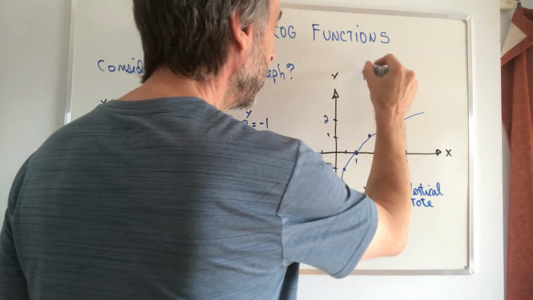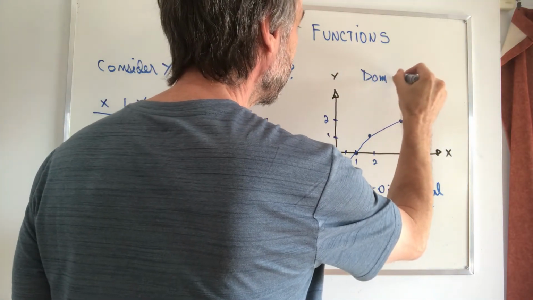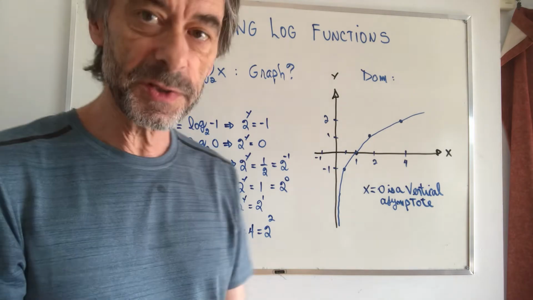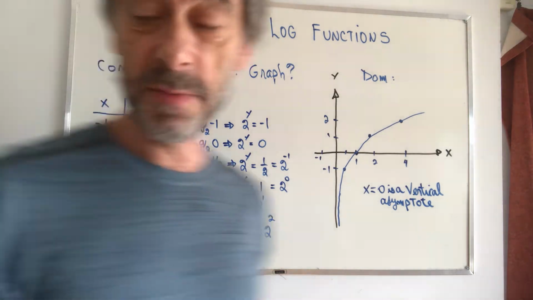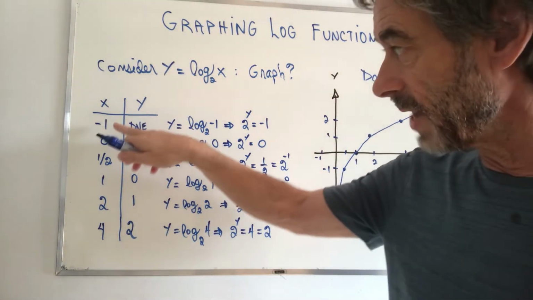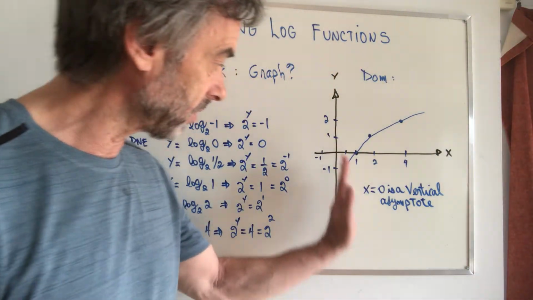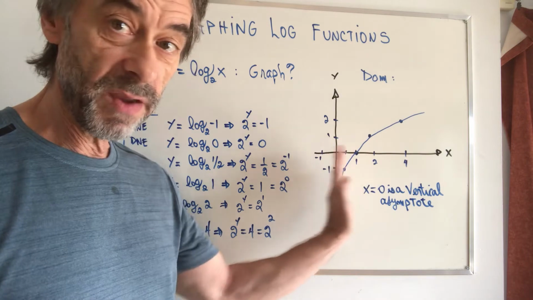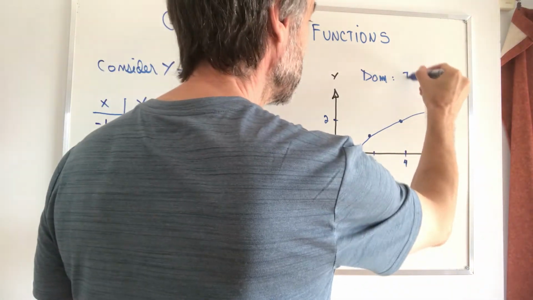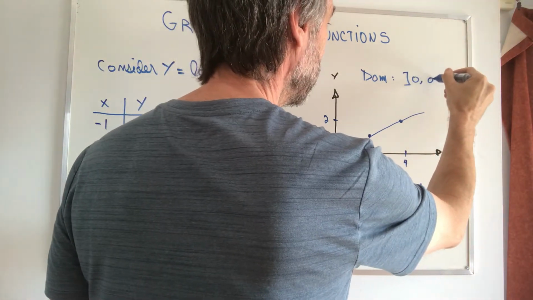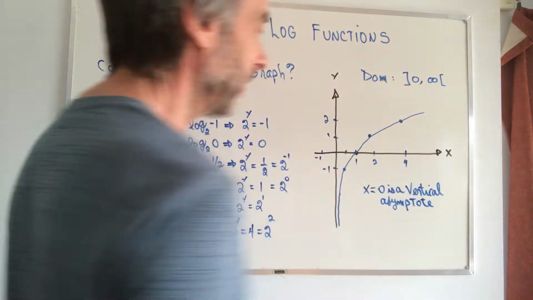What else? Shall we take a quick look at the domain? What is the domain of this graph? Domain is all the set of x's that I can put in. As my table of values suggests, negatives and 0 are out. That's what I can see on the graph. The domain actually starts on the very right side of 0, so 0 excluded to infinity.